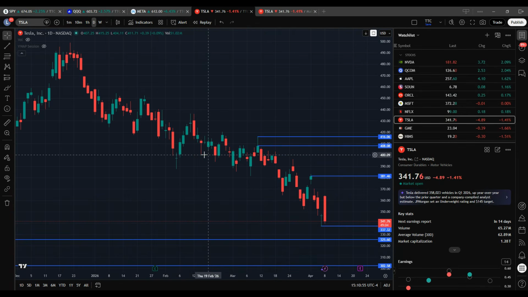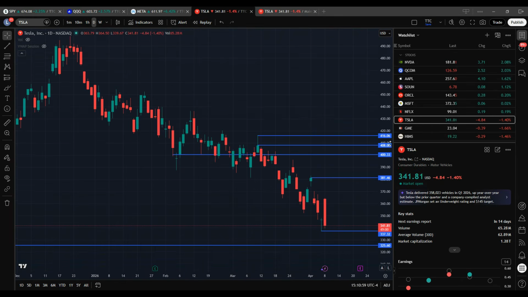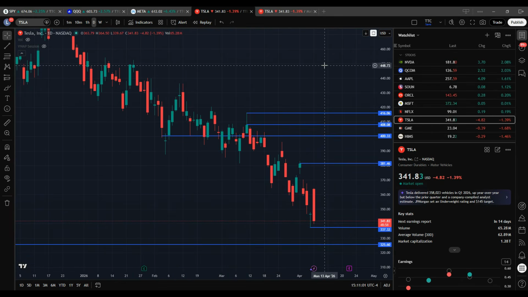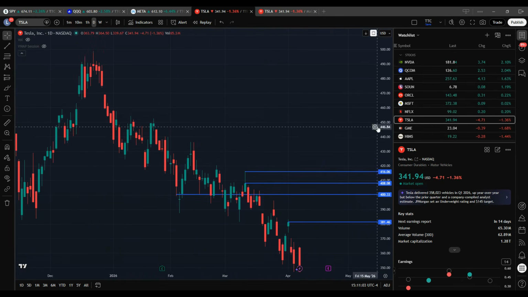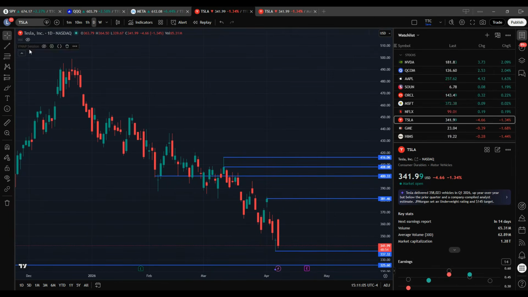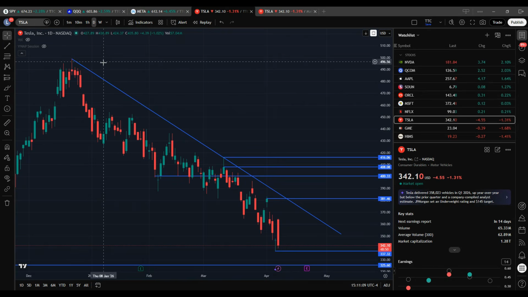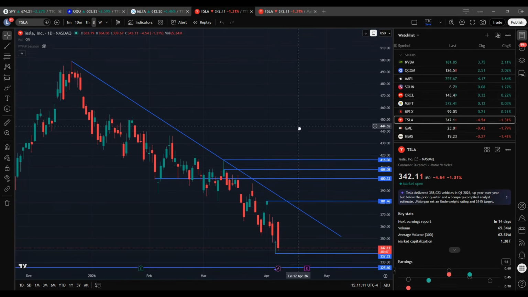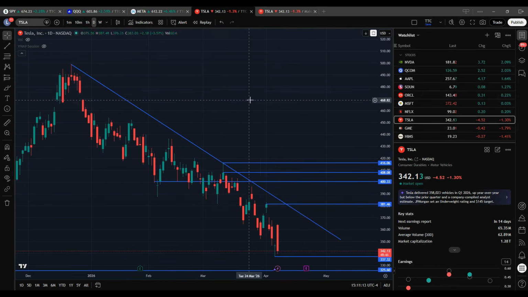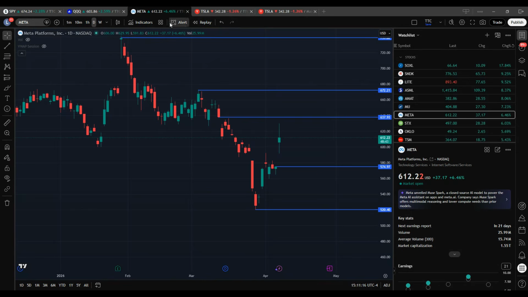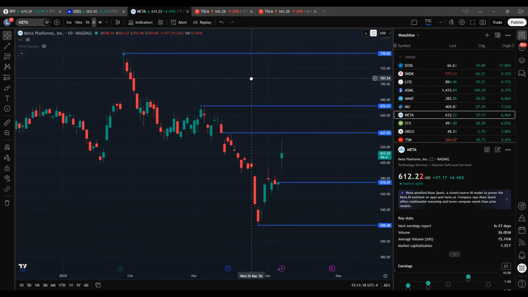And then you have all this price action and consolidation around the key $400 level. Nice psychological level there. Ultimately, if we want Tesla to continue to push higher, we have this nice downsloping trend line. We look for a break to the upside. That's what we're watching. Let's go back and do it with the rest of these charts.